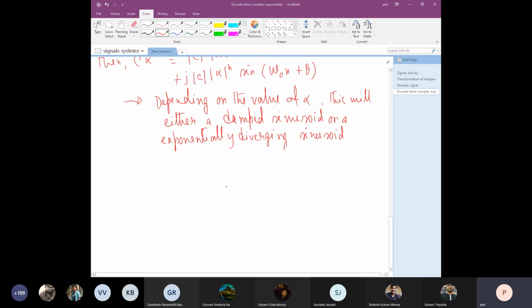So because of this alpha term, of course, we cannot call this signal exactly periodic, okay? As per definition, the values need to be the same at every period. So that will not be satisfied because of this value of alpha. If it is equal to 1, that will be satisfied. For greater than 1, it will be diverging, and for less than 1 it will be converging.